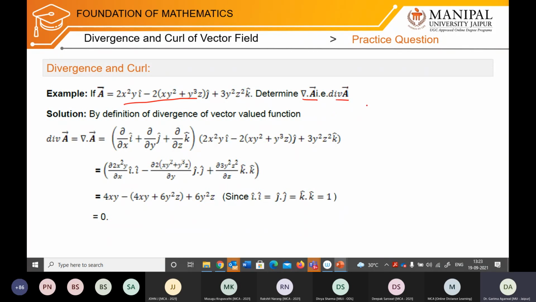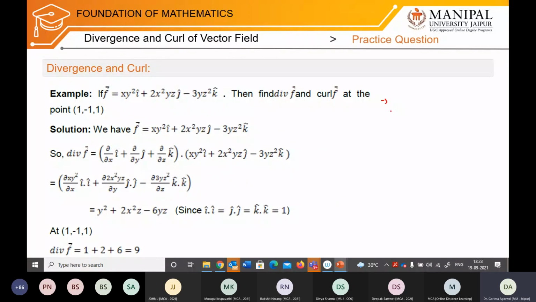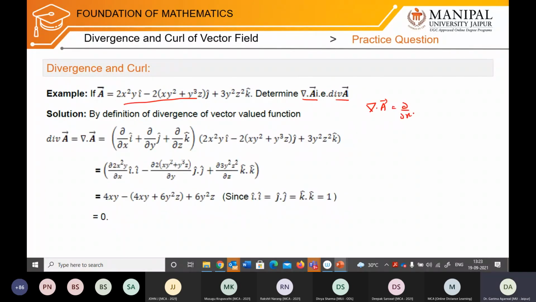That means divergence means dot product with the del operator: del by del x i cap, del by del y j cap, del by del z k cap, dot product with vector A. This is the del operator, this is the dot product, and this one is our vector A. Now i dot i is 1, so del by del x of this term, del by del y of this term and del by del z of this term; the rest of the terms become 0. i dot i, j dot j, k dot k is 1 and the rest are 0.